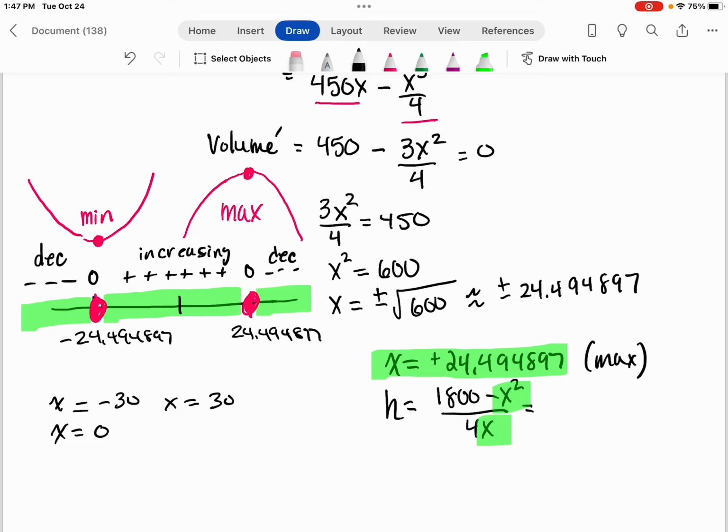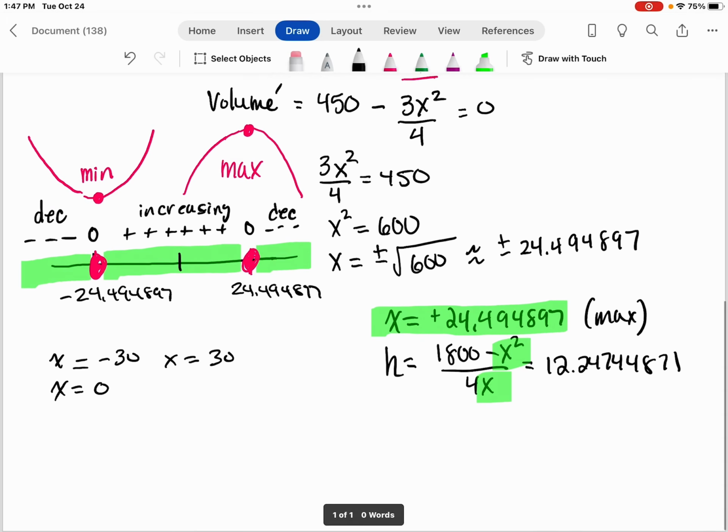Okay, now when I plug that in, I'm going to get that my height for the box is 12.247444871. So now I have the dimensions that I need to find the volume. The volume of the box is x squared, that's my square base, and then times the height. So I'm going to take that 24 critical value, square it first, and then multiply it by my height.